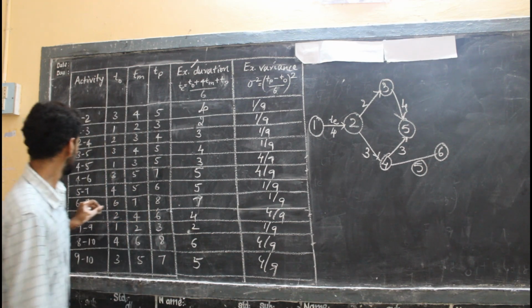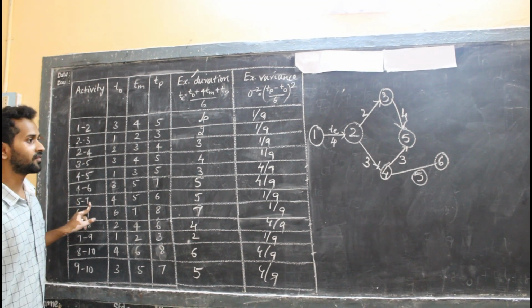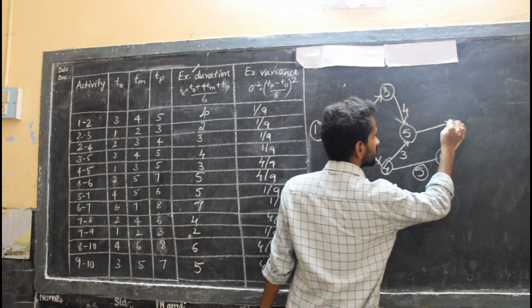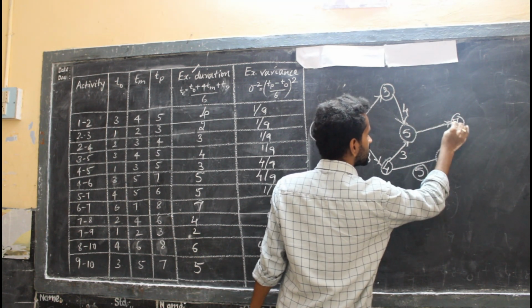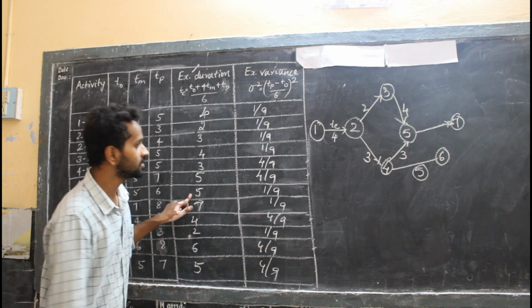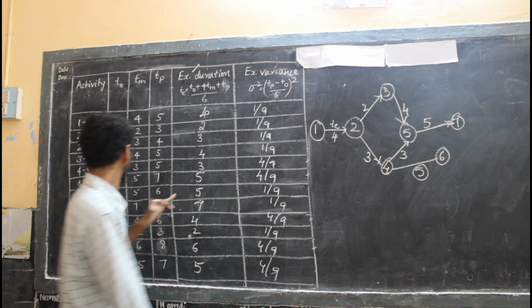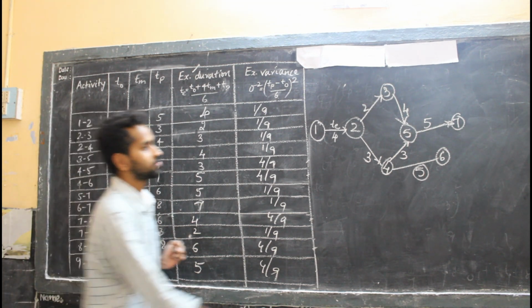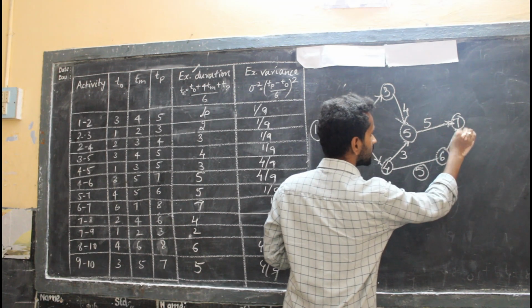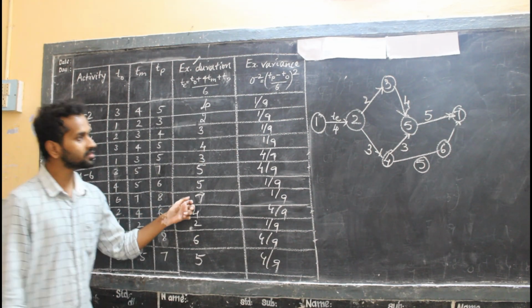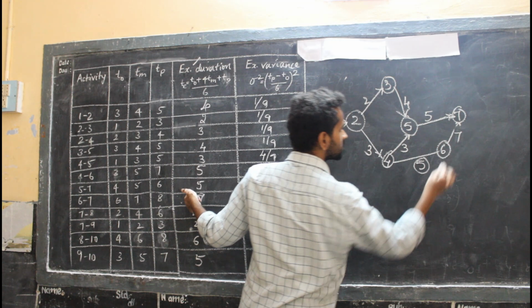Is it clear? So next one is 5 to 7. I will be drawing 5 to 7 with a new node 7. Expected time is 5. Is it clear? So next one is 6 to 7. I have 6 and 7. For 6 to 7, my expected duration is 7.